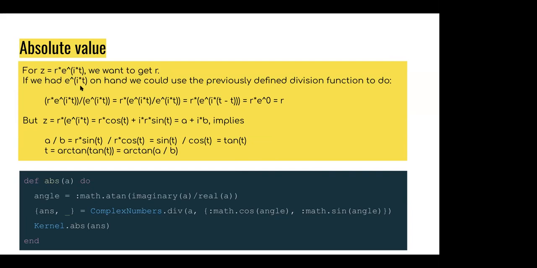Now, if we happen to have e to the power of it, we could take that z, which is r e to the it, divided by e to the it. It might look a little messy and scary, but it's actually quite basic. We factor out the r and then multiply by e to the it divided by e to the it, which is of course 1. So that just ends up equaling r.